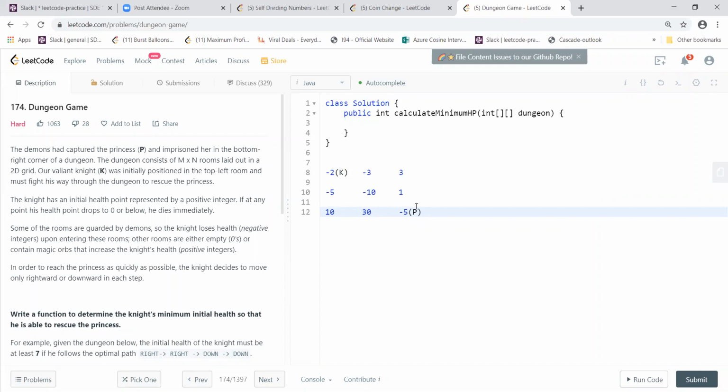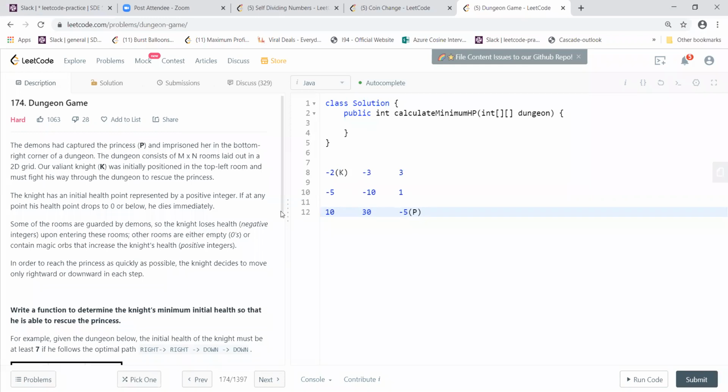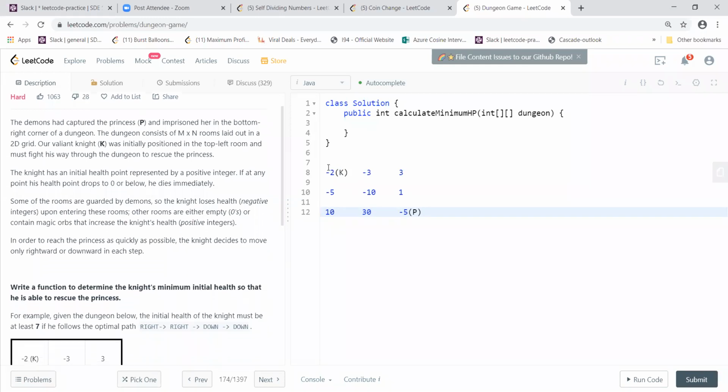or maybe zeros also. So what these numbers represent is health conditions. If it is a negative number, the knight's health is going to deteriorate by that number. So if the knight's health goes to zero or negative, it means he cannot go further.